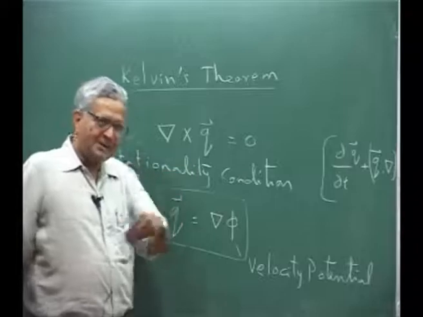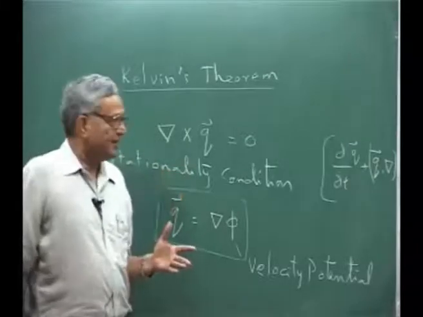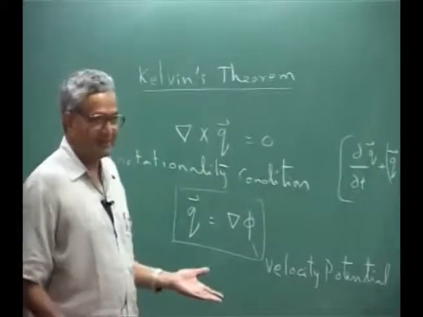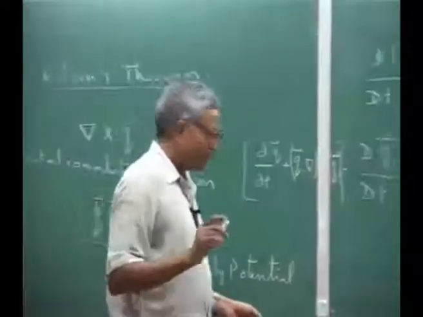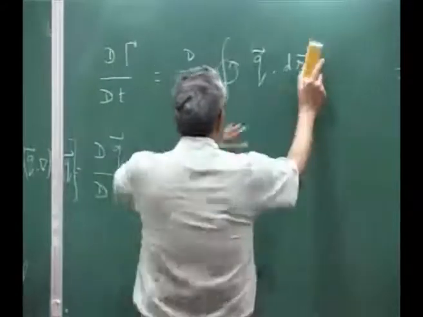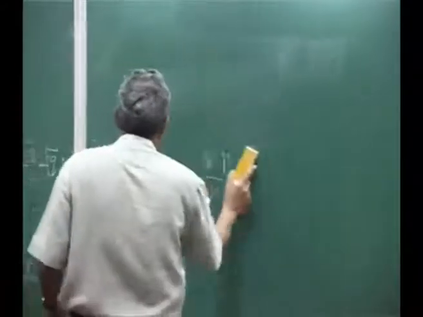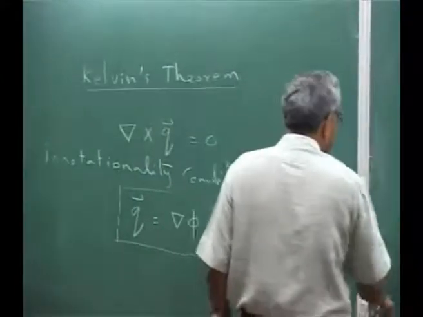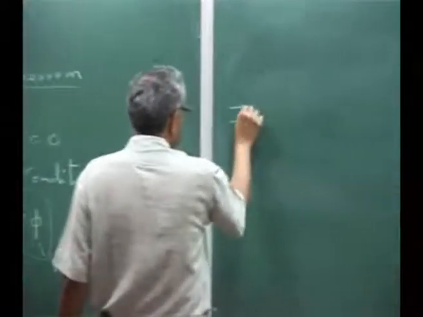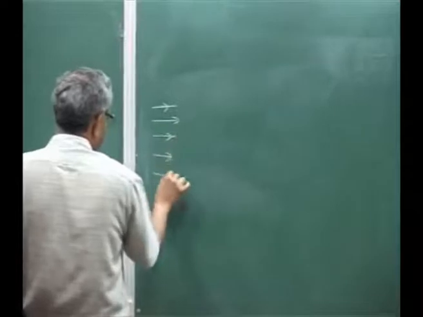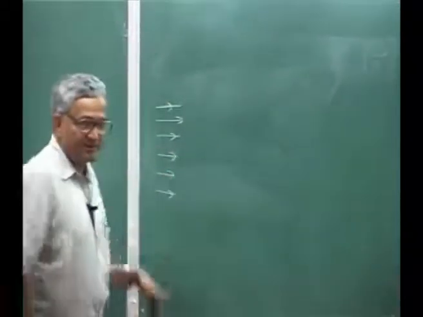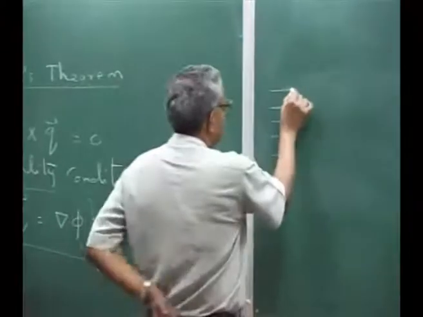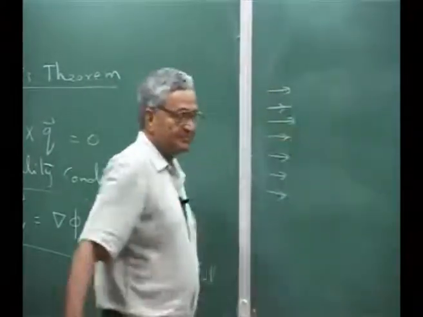Now we will have several derivations. But what is the meaning of del cross q being 0? Because you may ask, what is that? If you take an aerofoil, I will just briefly explain pictorially. Initially the flow is static and it starts with a uniform velocity everywhere.